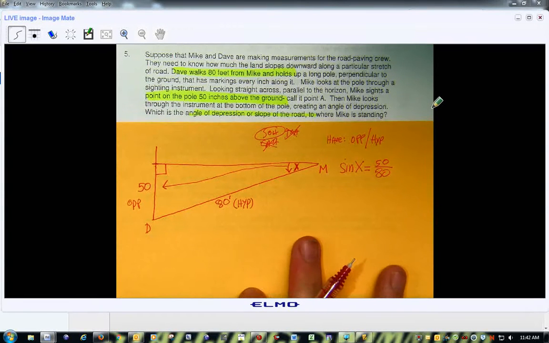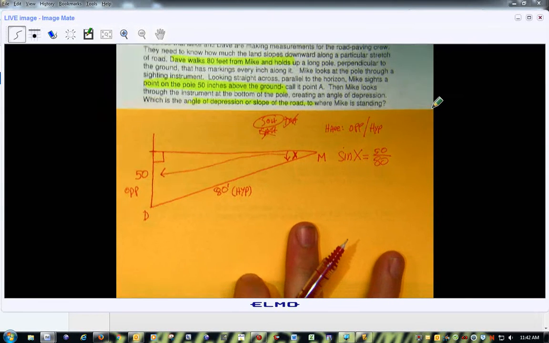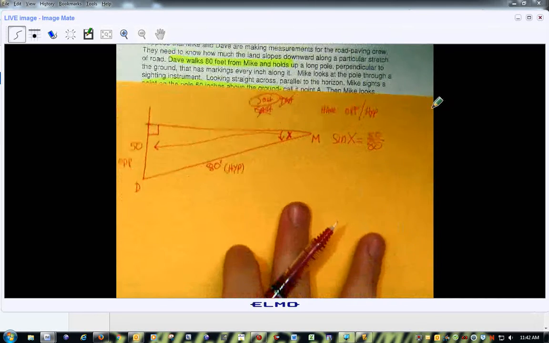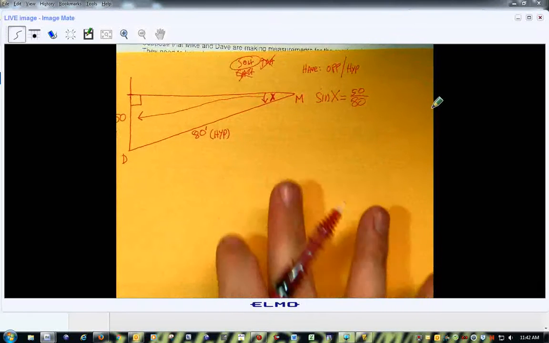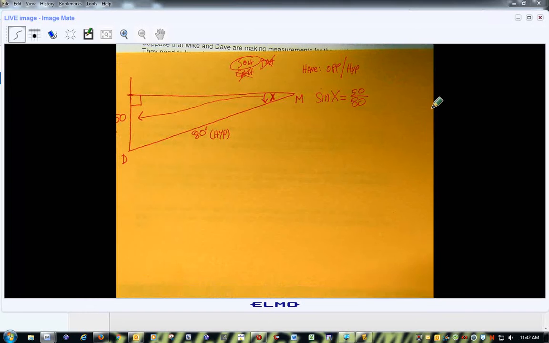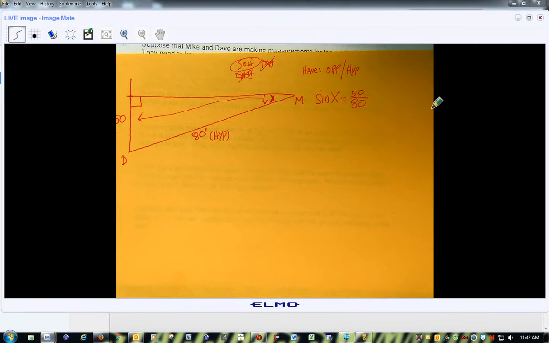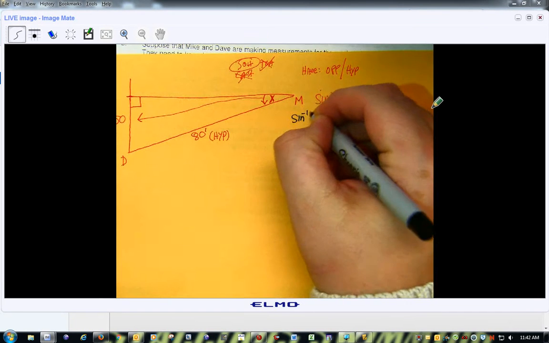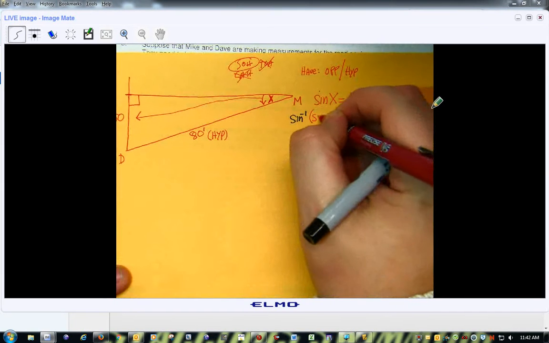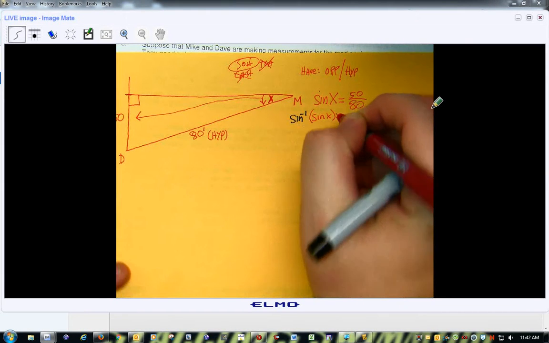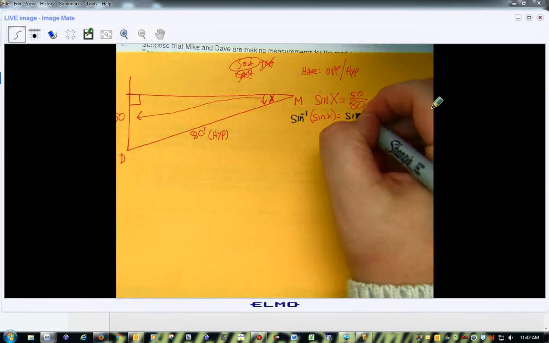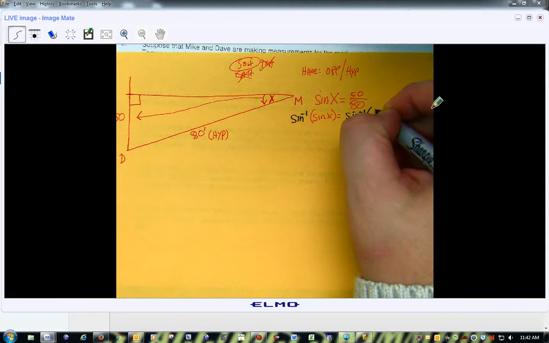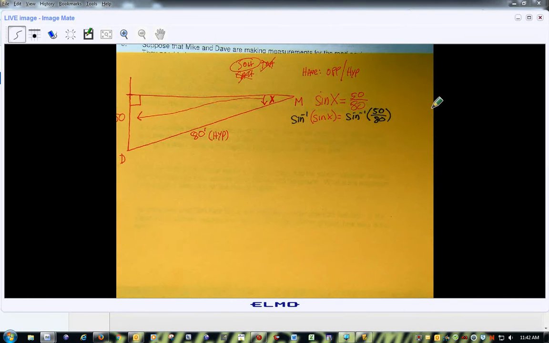I'm going to get rid of the words and just have the math up here. In order to properly use the inverses, you guys will eventually get used to it, but what you get is the inverse sine of the sine of x is equal to the inverse sine of 50 over 80. You always use the inverse when you're trying to find the angle.